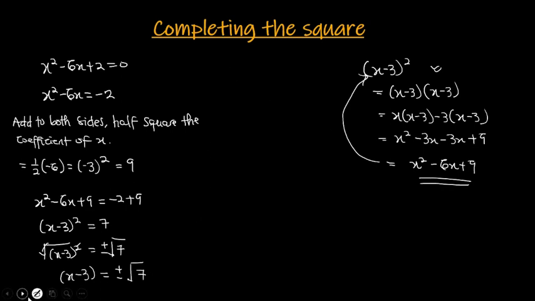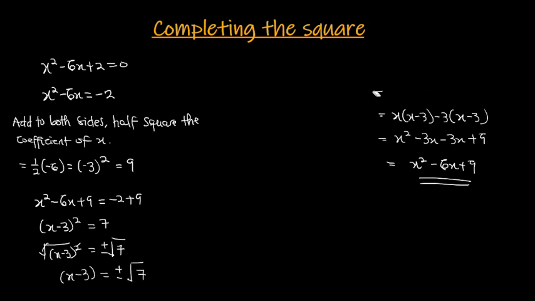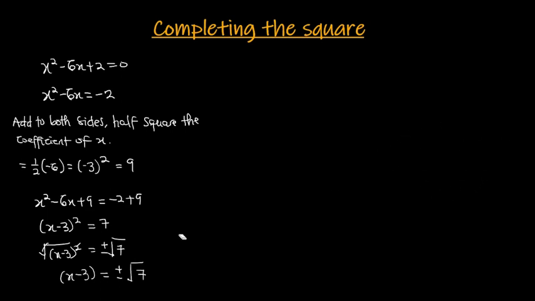So from here we can proceed to solve for the values of x. Okay, so from here I rewrite my expression as x is equal to, I send the negative 3 to the other side of the equal to sign, it becomes positive 3 plus or minus the root of 7. So my x values will be x1 is equal to positive 3 plus root 7, or positive 3 minus root 7.